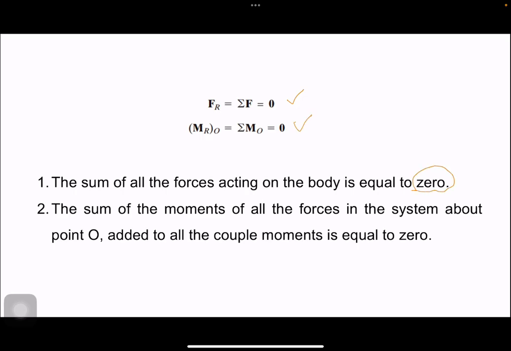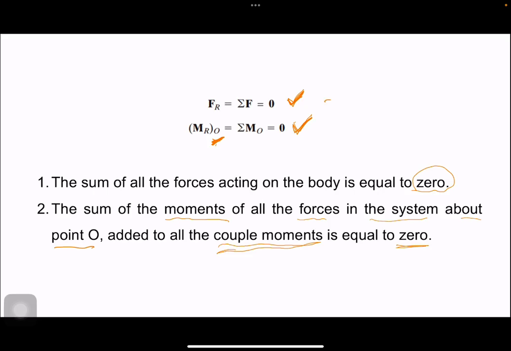And in the second equation, it means that the sum of the moments of all the forces in the system about point O, i-add natin sa mga couple moments, kapag ang sum is 0. Together with this first condition, the body will be in equilibrium.